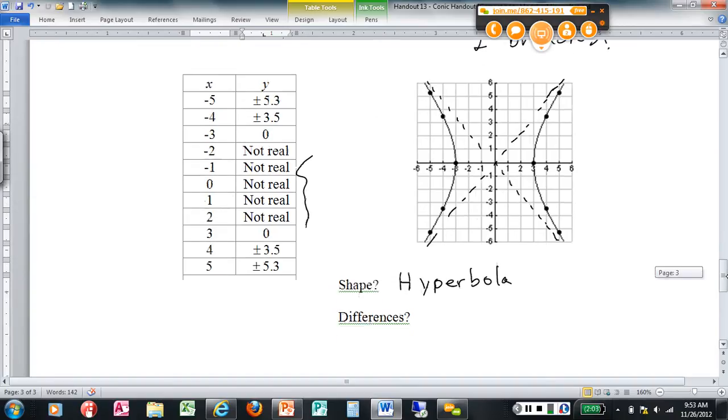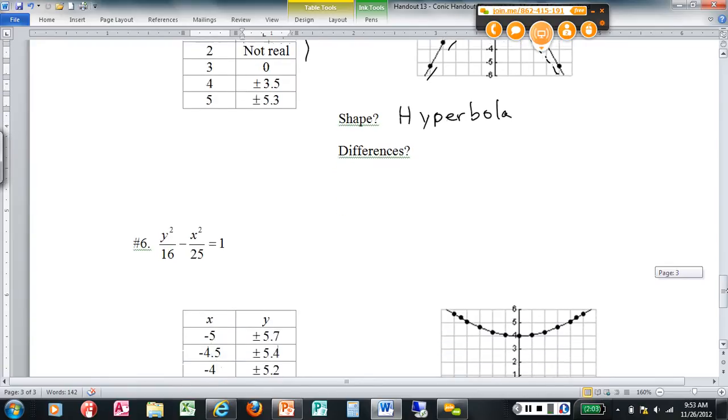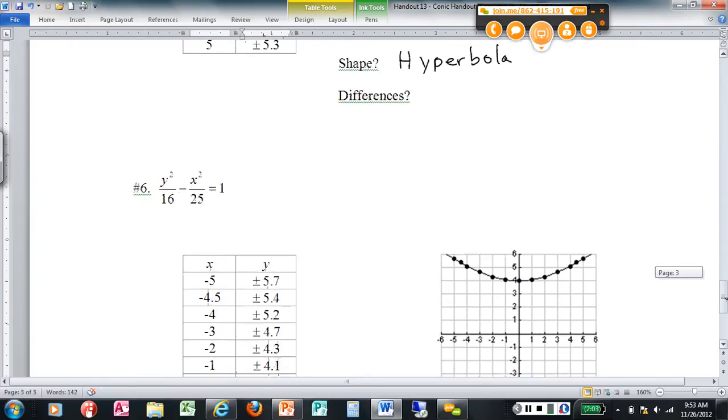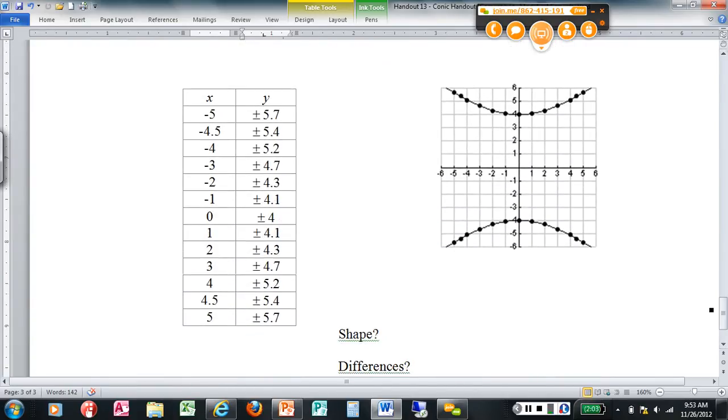Now, one other note, just so you know, there's another type of hyperbola. This is a hyperbola also. It's got the two branches. What's different, though, about this one? Well, the branches are up and down. I call them upper and lower branches.